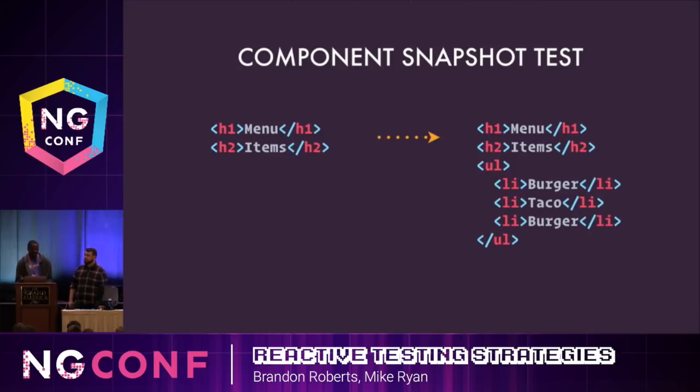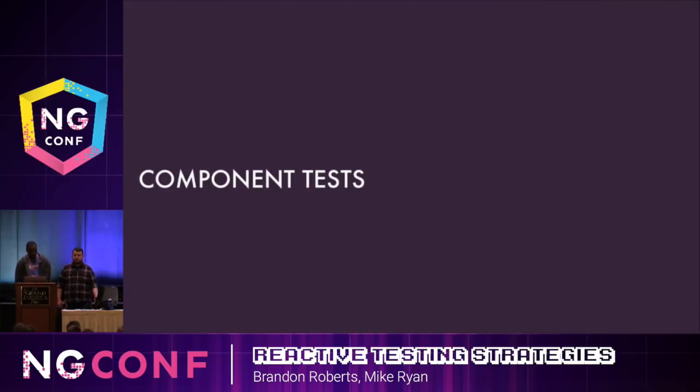And we can snapshot many other areas besides components, such as API requests and state that we talked about before. So let's quickly take a look at writing a snapshot test for a component using Jest in the Angular testing library.